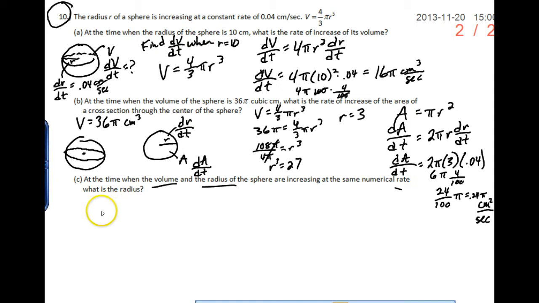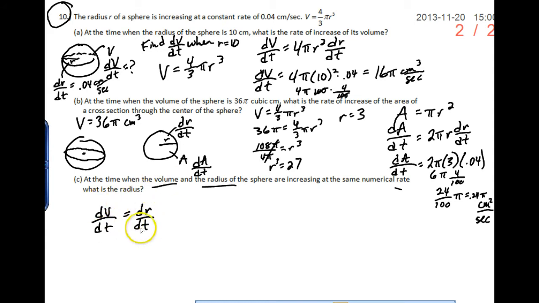That means that dV/dt is equal to dr/dt in terms of their number. We have to say numerical rate because they can't be at the same rate, because one is cubic centimeters per second and one is linear centimeters per second. So we have to say numerical rate. But anyway, at the time when this is true, what is the radius?